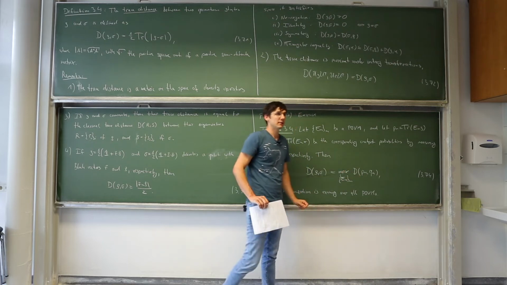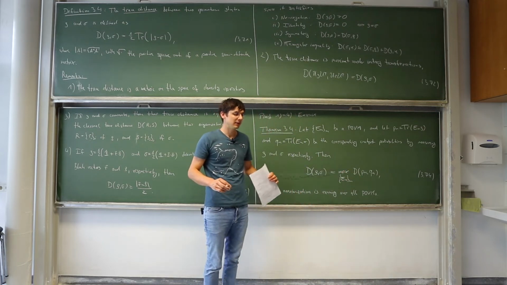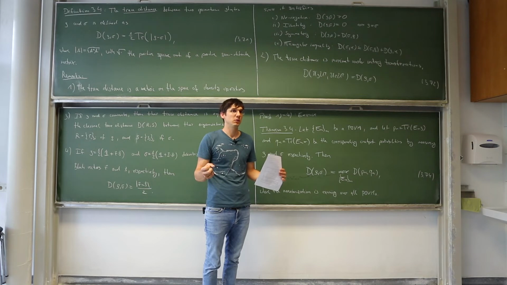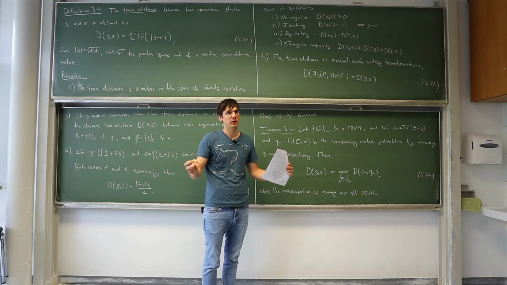So as a picture, really have in mind that we have two states, rho and sigma, and we now try to figure out how different they are, right? And what we do is we perform a measurement on this state, right? And we perform it for rho and we perform it for sigma. And from this measurement result, we then calculate the classical trace distance.